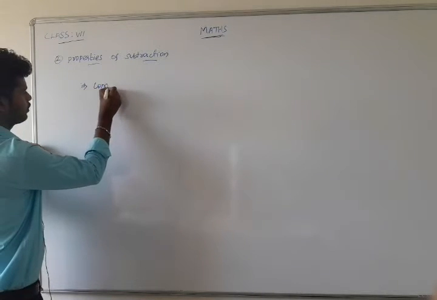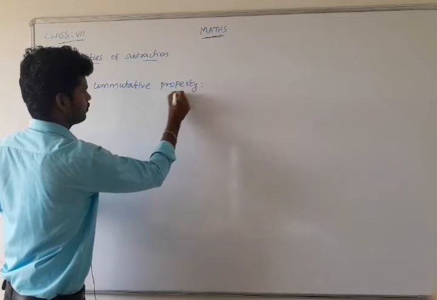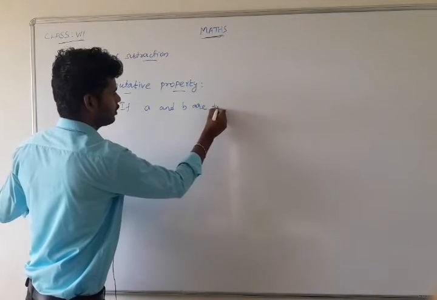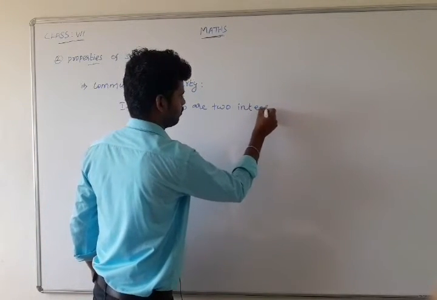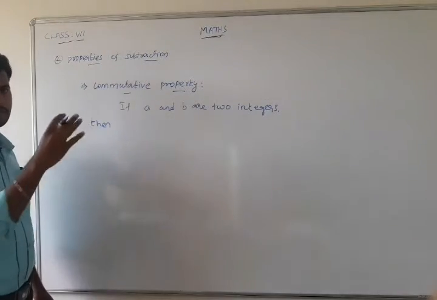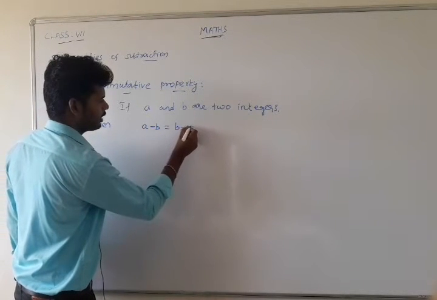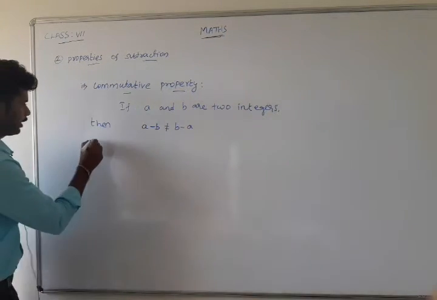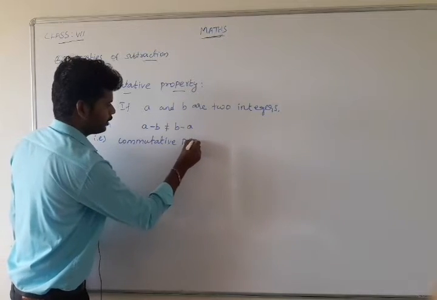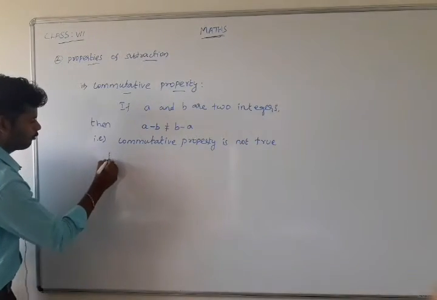commutative property. If A and B are two integers, then, as you already know, the commutative property for addition is A plus B equal to B plus A. Here A minus B is not equal to B minus A. That is, the commutative property is not true for subtraction.